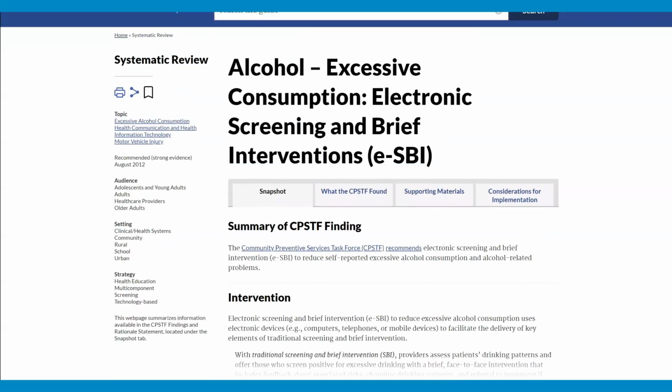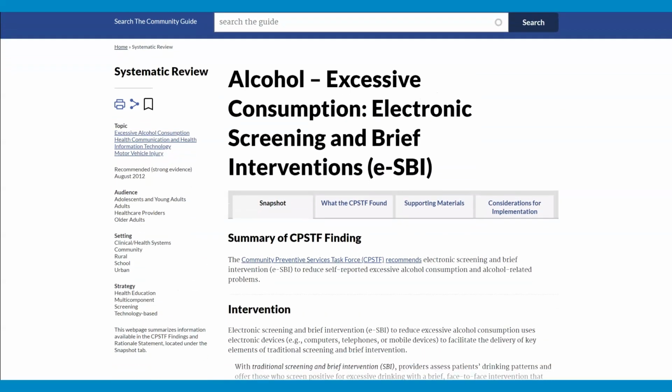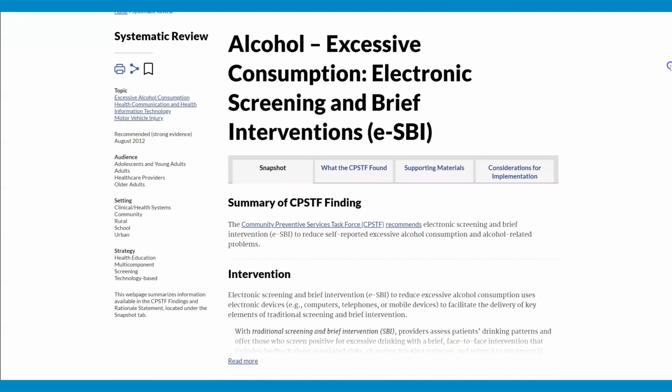So there's an intervention that has been not only provided with a snapshot, but when you look at one of these interventions, they're actually arranged in a way that provides you with a good summary. So for instance, the CPSTF recommends electronic screening and brief intervention to reduce self-reported excessive alcohol consumption and alcohol-related problems.